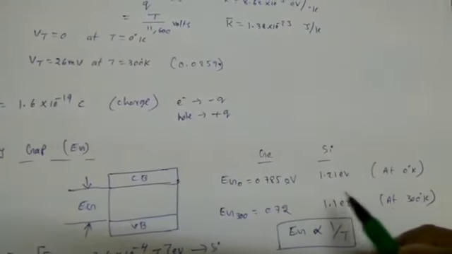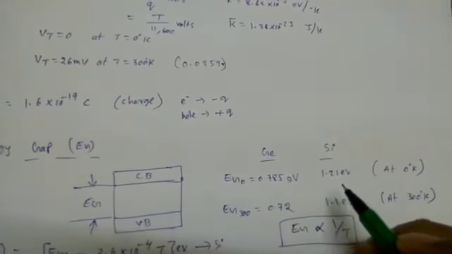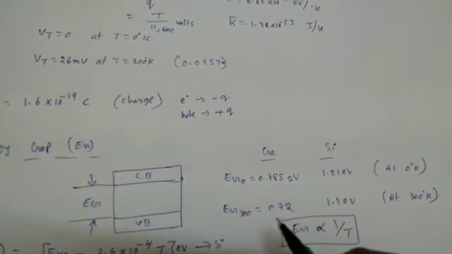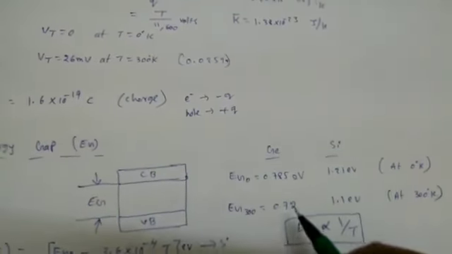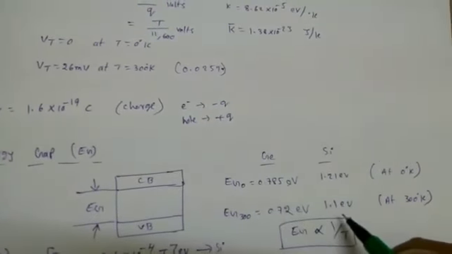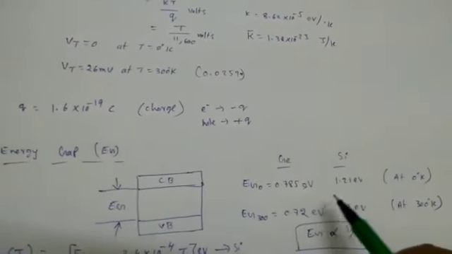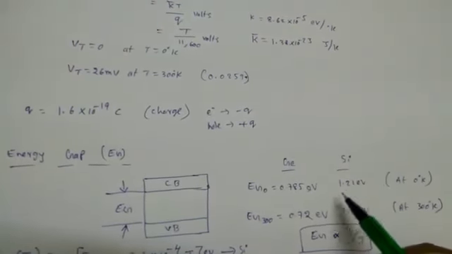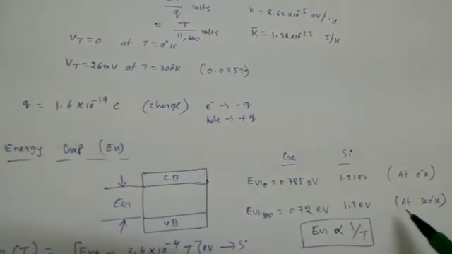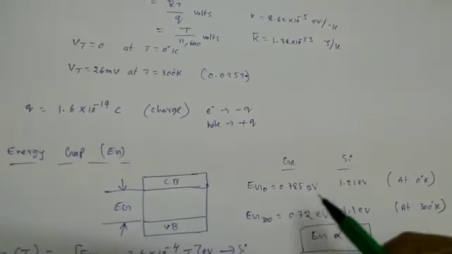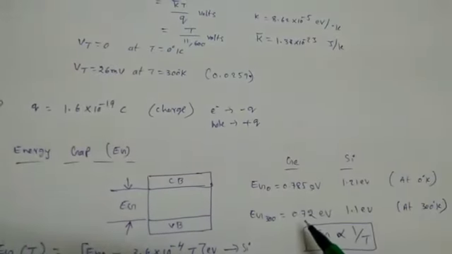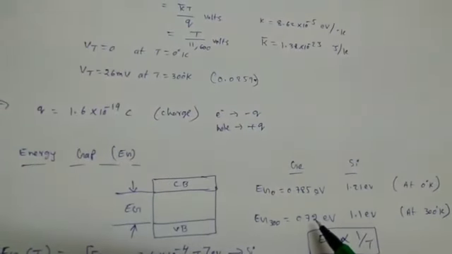For silicon at 0 degree Kelvin, it is 1.21 electron volts. Similarly at 300 degree Kelvin, it is 0.72 electron volts for germanium, and for silicon it is 1.1 electron volts. Many times in the exam they ask what is the energy gap at 300 degree Kelvin for silicon, or for germanium.